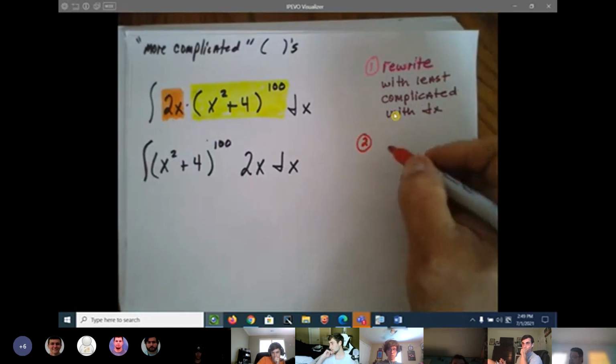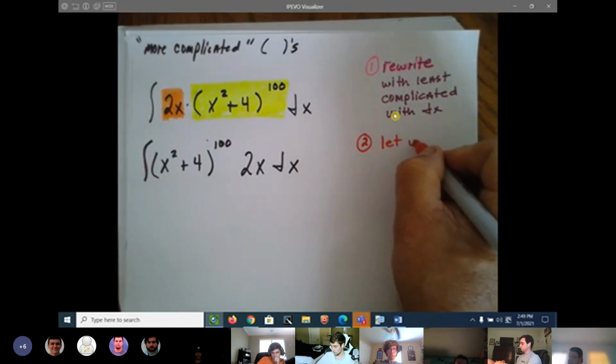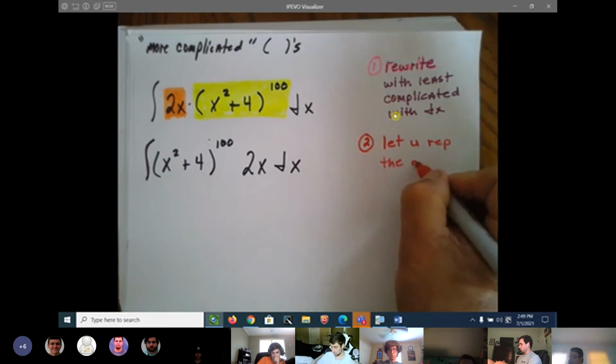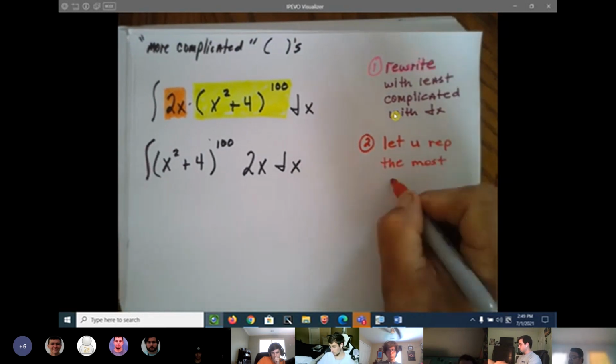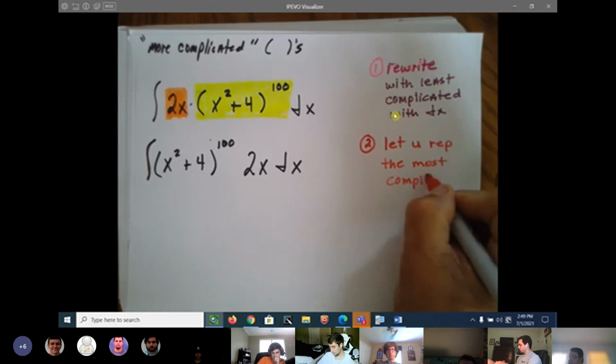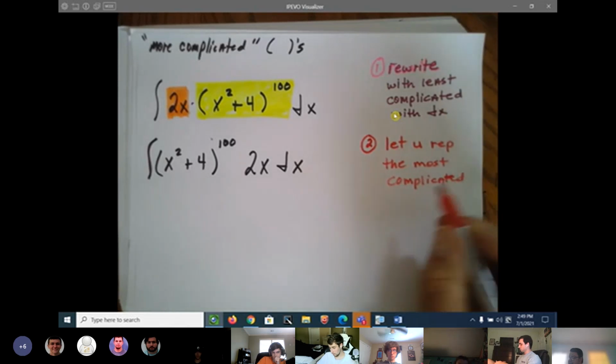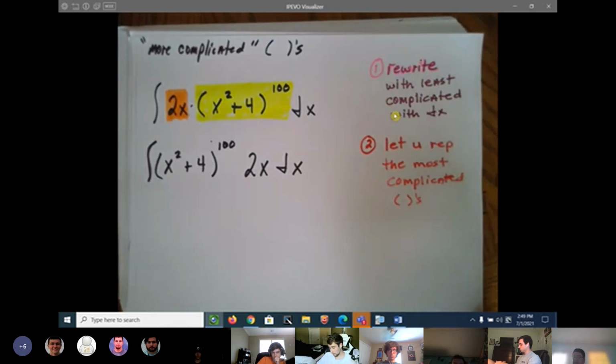Number 2, let u represent the most complicated. And it usually is going to have to do with parentheses. Usually. Not all the time, but usually. So somebody tell me what's in parentheses. x squared plus 4.